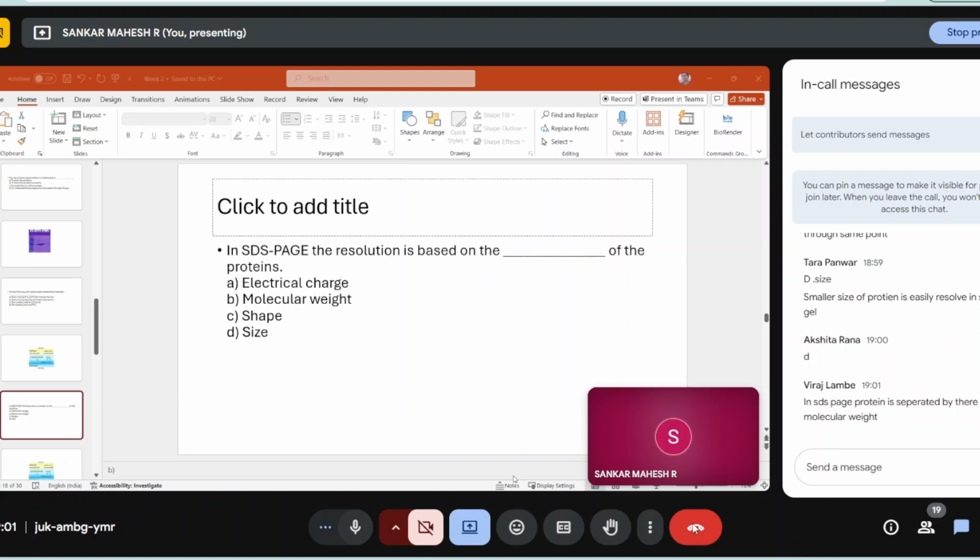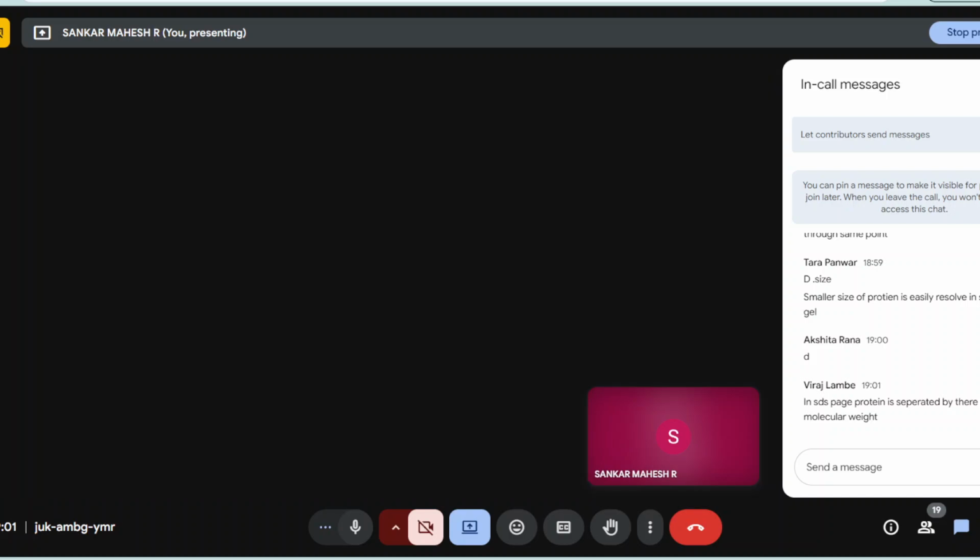I'll discuss the different components on SDS-PAGE. The word SDS means sodium dodecyl sulfate. As you have seen here, for every two amino acids, this sodium dodecyl sulfate binds specifically, and because of this, your protein is evenly charged across its length, and it is denatured, which means it doesn't have its 3D shape anymore.